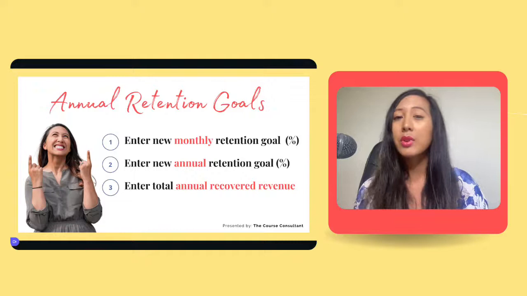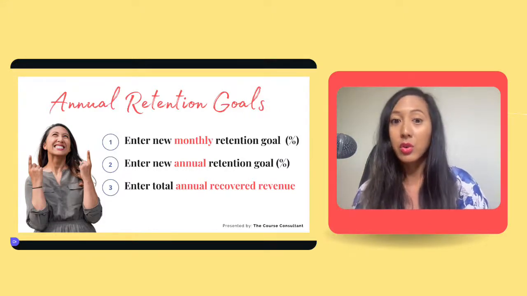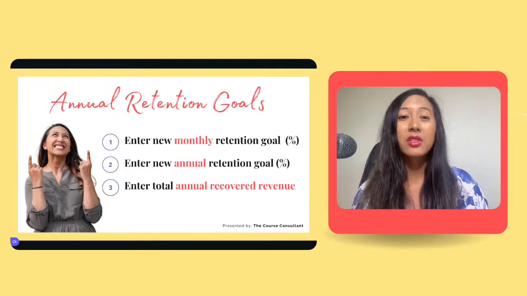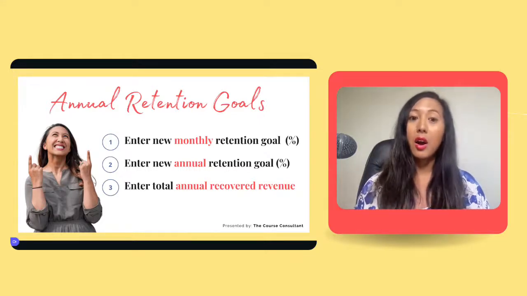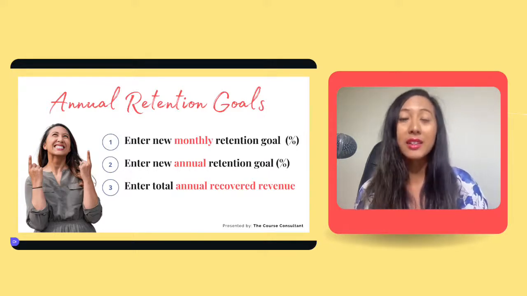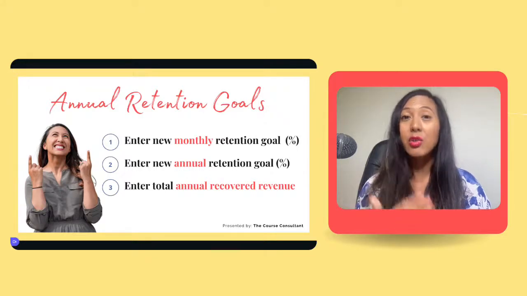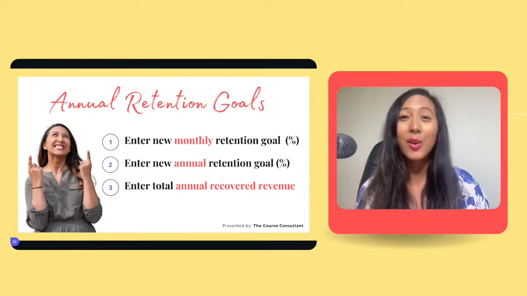The second thing we're going to evaluate is, what is the new annual retention goal? Essentially, anytime our monthly retention goal increases, we need to keep that same increase and continue it every single month thereafter.